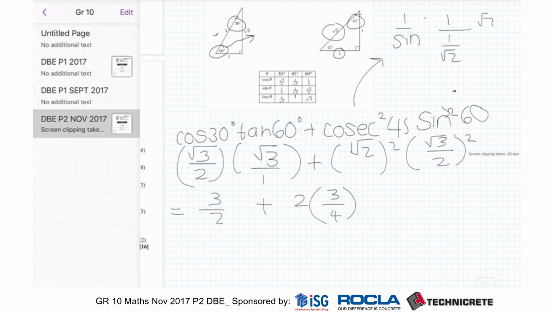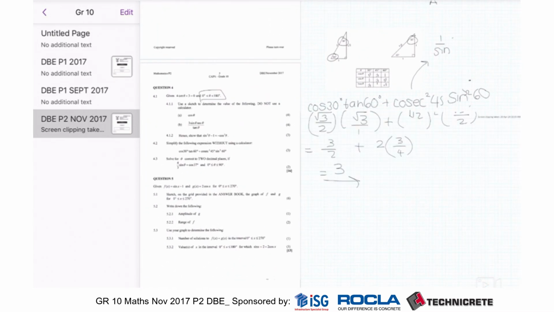So just put it all straight into your calculator. And we get an answer of 3. Okay, so that is special angles, special triangles.